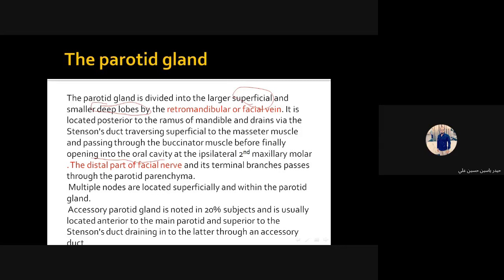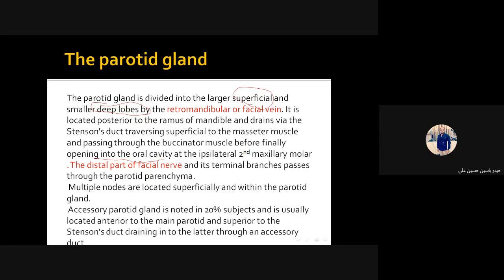This is the introduction: the relationship of the facial nerve with the parotid gland, and it is considered one of the alarming signs if the facial nerve is involved. Also, there are multiple lymph nodes located superficial to and within the parotid gland, which may give us an indication of whether a lymph node is swollen or not. It is very difficult to differentiate or diagnose the deep lymph nodes located inside the parotid gland.